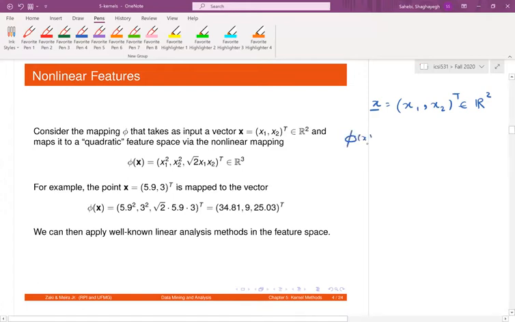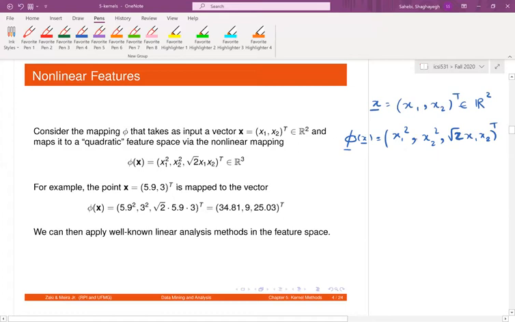we can say the phi of x is going to be a new vector that the first feature of it is x1 squared. The second feature of it is x2 squared, and the third feature is square root of 2 multiplied by x1 x2.